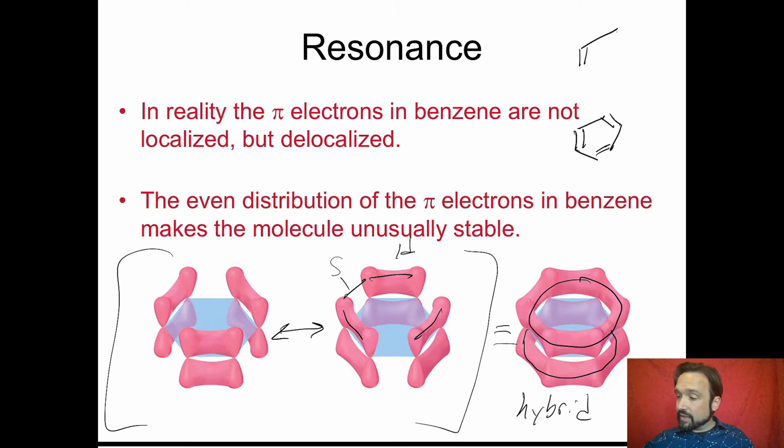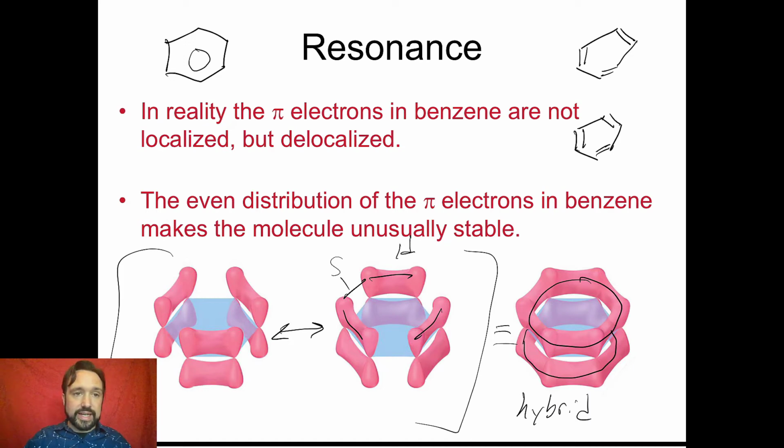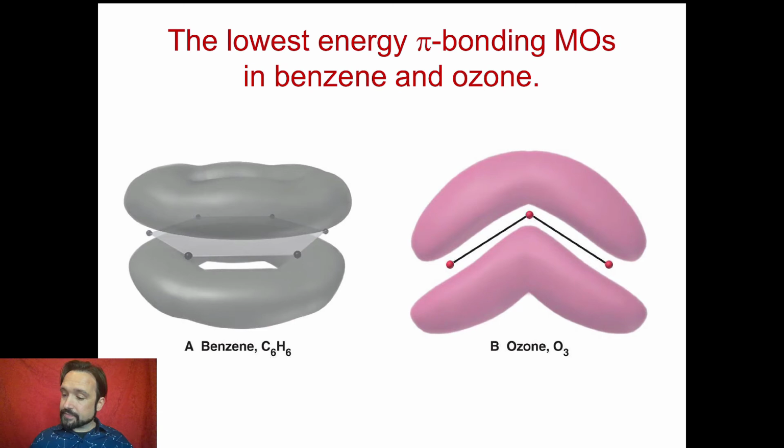I could make that even more obvious here. We don't have long and short and long and short. Instead, we have our equally sized bonds all the way around, with those electrons delocalized over the entire ring. Again, where we get that circle from.